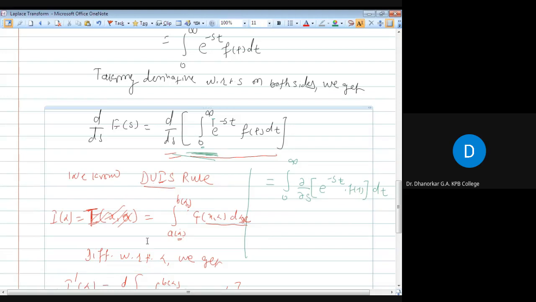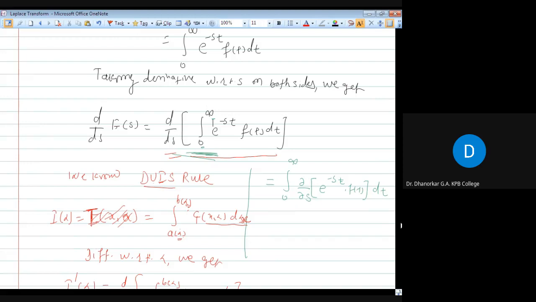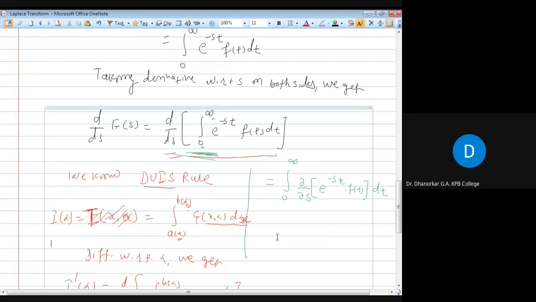Only here I am applying this DUIS rule, and from that rule we are getting this. Then this term is equal to integration 0 to infinity. Now here we have to find the derivative with respect to s. This is the term with respect to s. Now f of t is free from s, therefore we will not find its partial derivative. What is the partial derivative of e raised to power minus st?